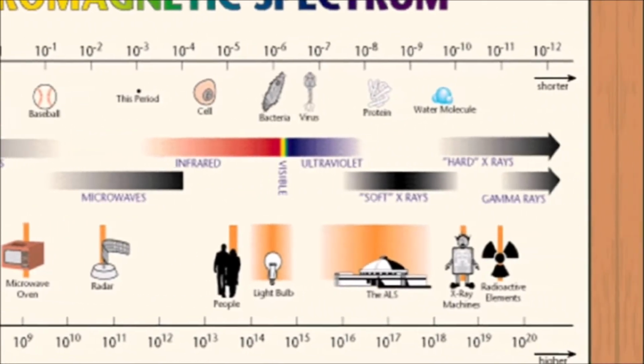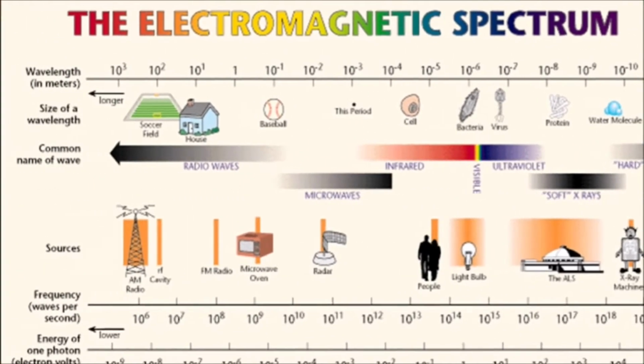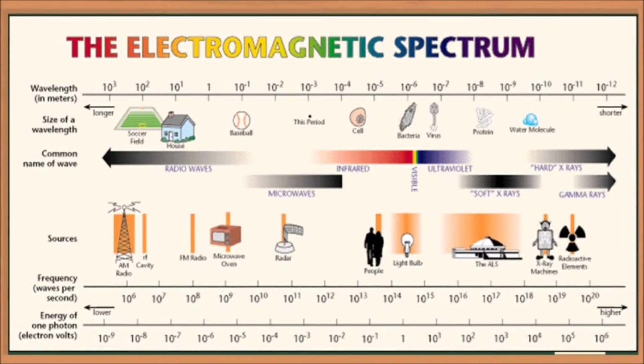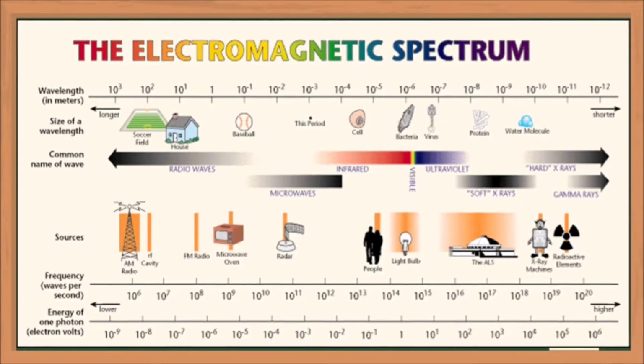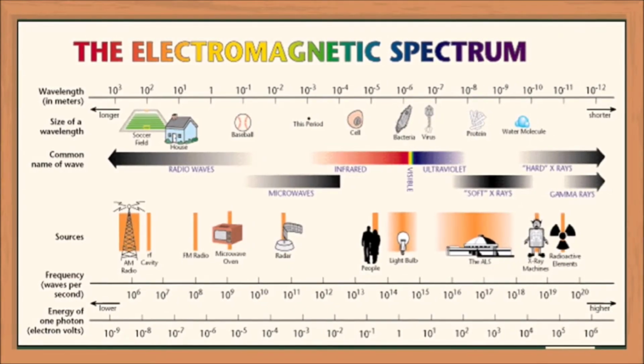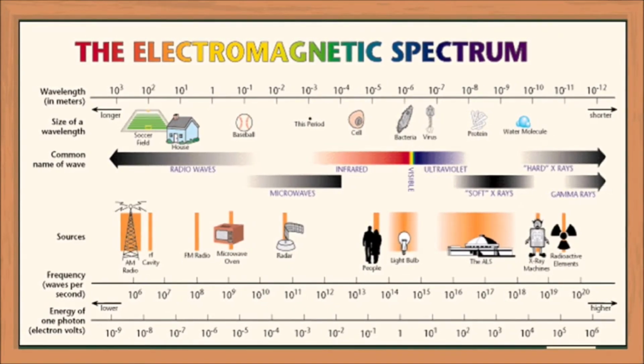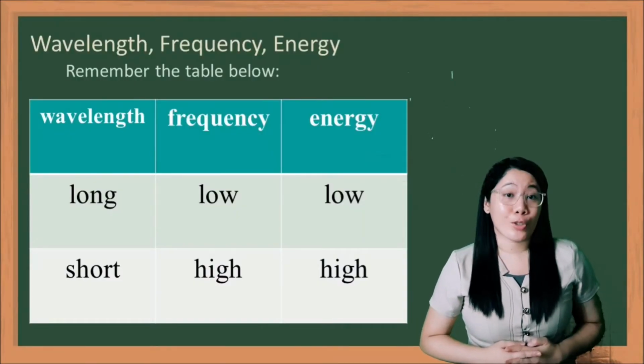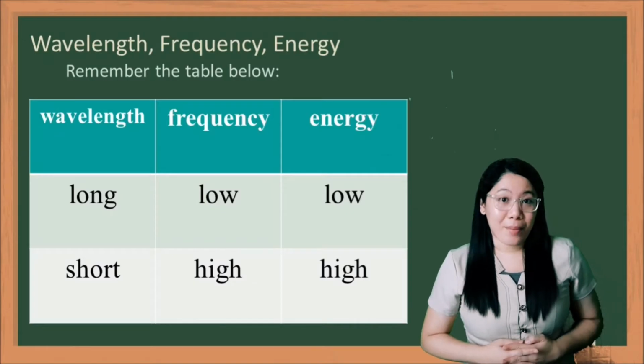The electromagnetic spectrum is the complete spectrum of all forms of light. An electromagnetic wave consists of electric and magnetic fields which vibrate, thus making waves. All parts of the electromagnetic spectrum travel at the same speed.